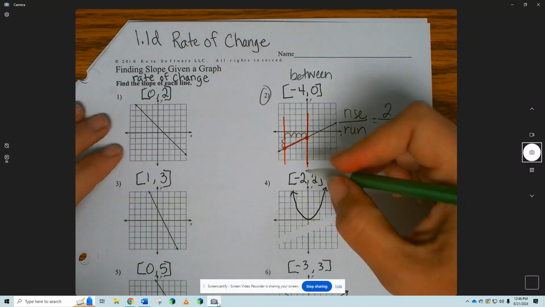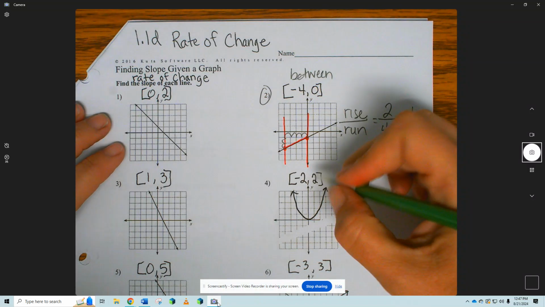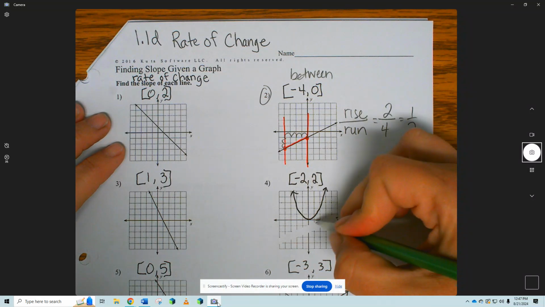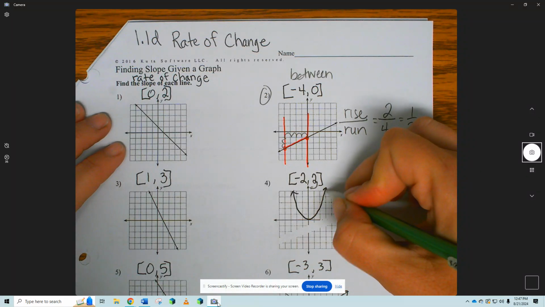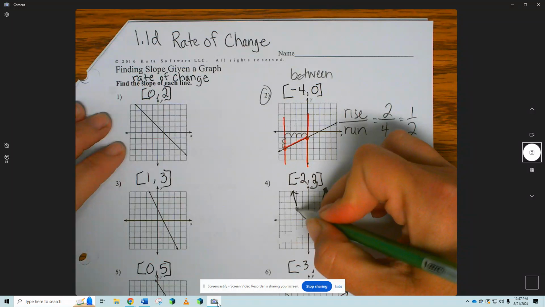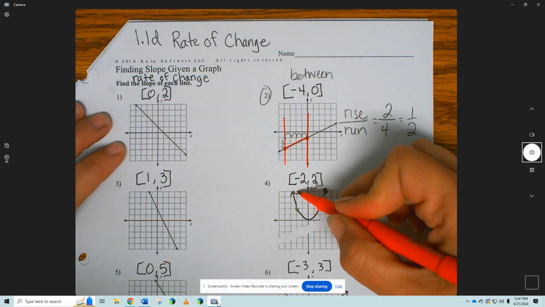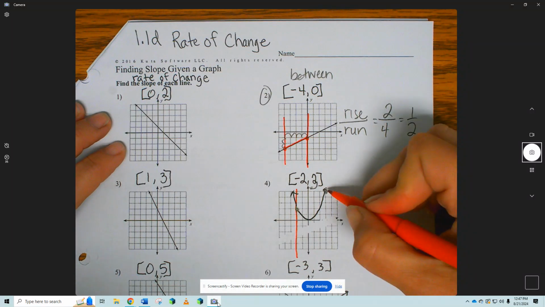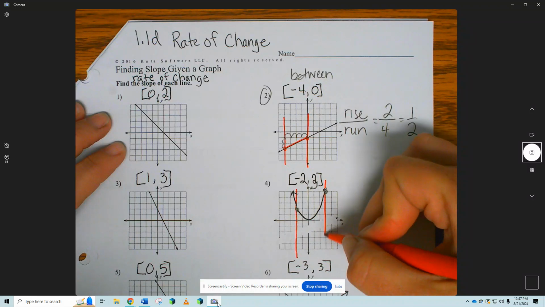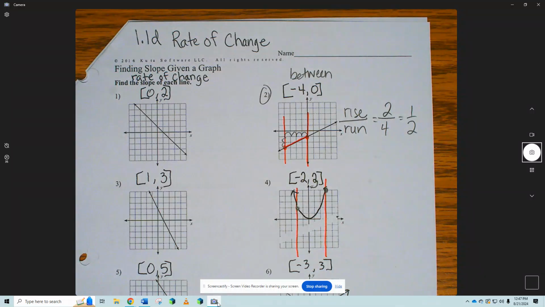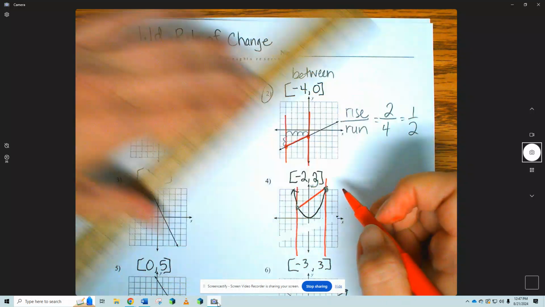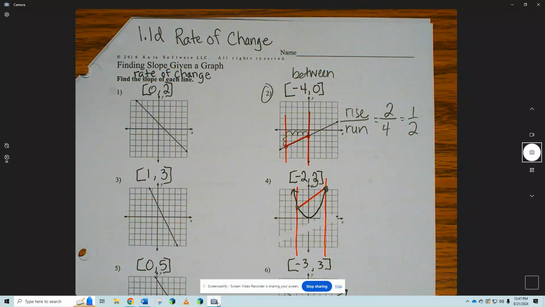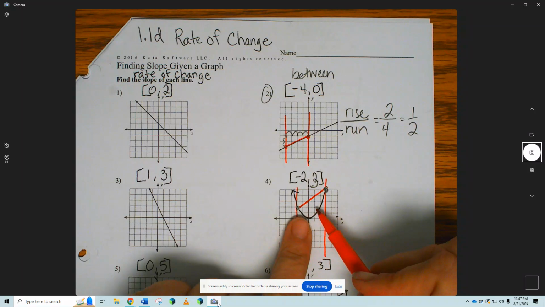Can you change number 4 to be between -2 and 3? It's a typo. It should say 3. That means, guys, -2 is right here. 3 is right here. Draw your line to connect those dots. That red line that I just drew on number 4, that's your rise and run.